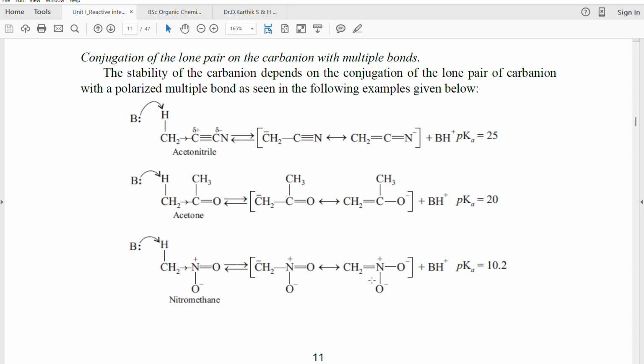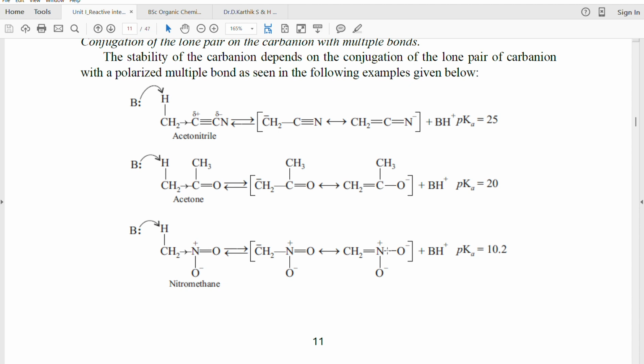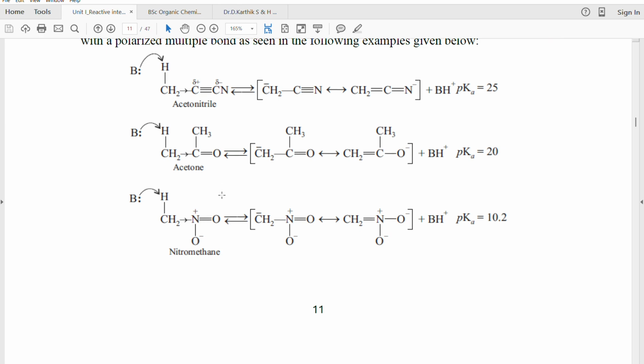So this is common, but the inductive effect is very different, and the stability trend is the opposite. The common thing is the conjugation and the lone pair electrons. Both of these will stabilize both the carbocation as well as the carbanion.